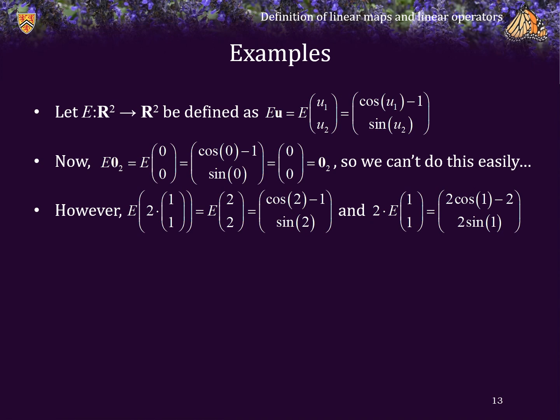Are these vectors the same? Well, no, they're not, because 2 times sine of 1 is approximately 1.6829, and sine of 2 is a value between negative 1 and 1. Consequently, E is not linear.